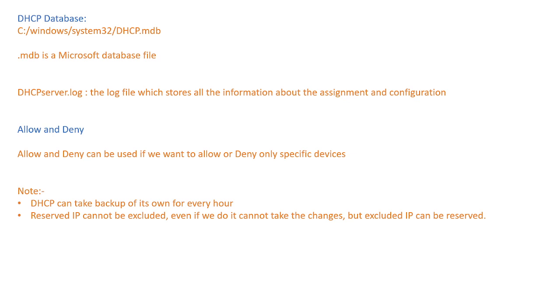And about the DHCP backup, you don't need to take the backup of DHCP manually, because DHCP has a feature: it automatically takes a backup every 1 hour and keeps it inside the same server. But why do we need to take the backup?